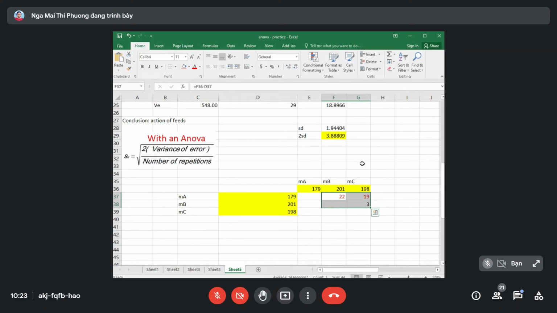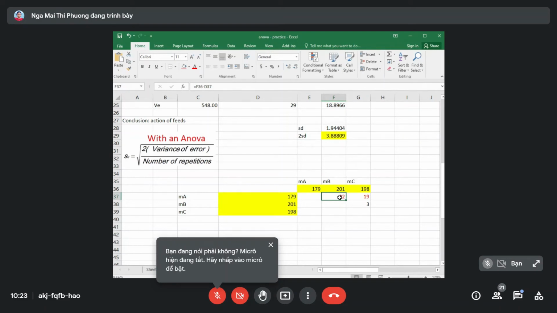It means that there is a difference between two groups. Because here we are going to see the difference between each two groups. So first, for A and B, the mean difference between A and B is 22. So what is the conclusion about A and B? They are the same or they are different?